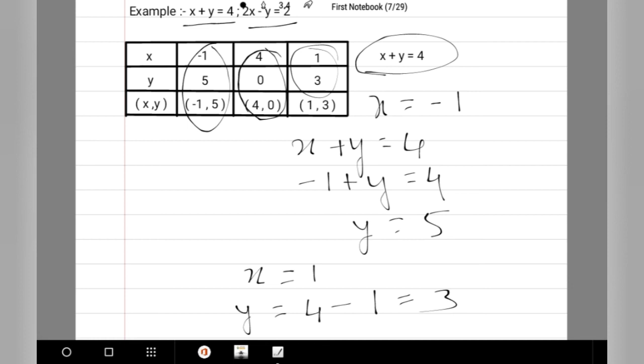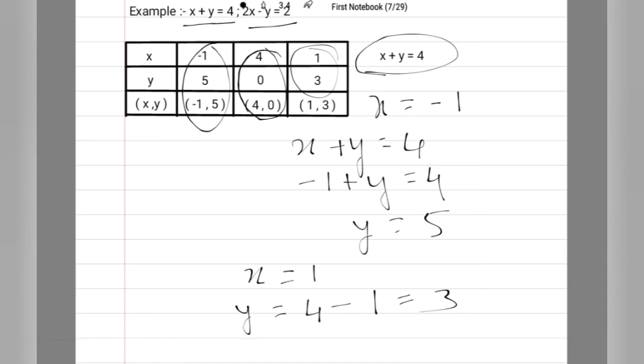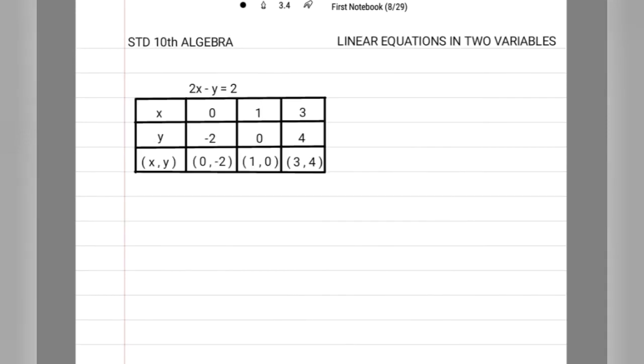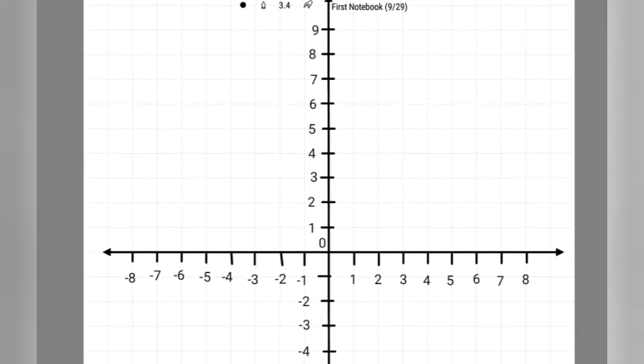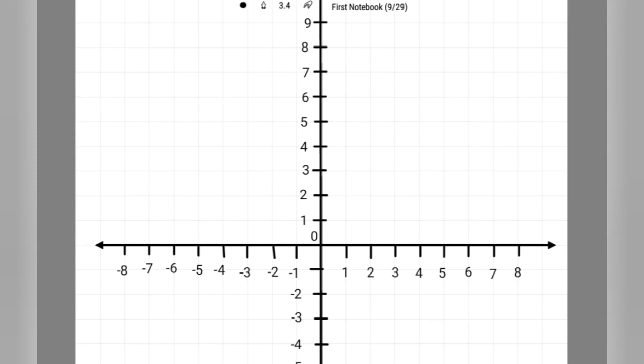So let's plot these points on the graph. Okay, now the first point is minus 1 and 5. Where is it? It is here somewhere. Just don't mind this because I'm not able to do it with my hands.